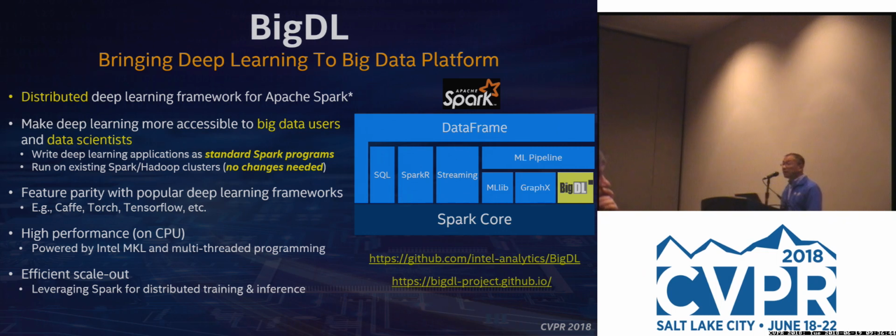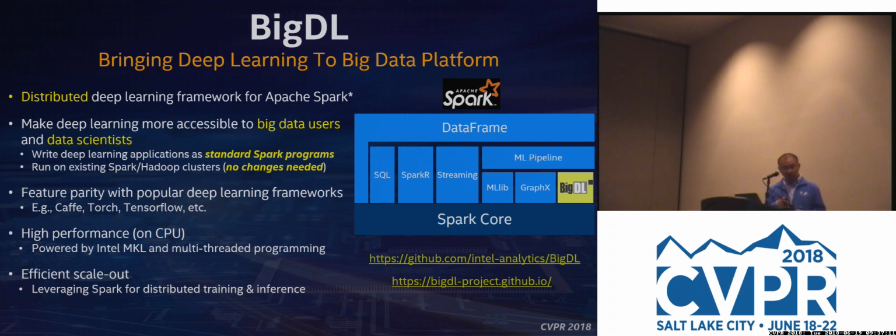BigDL is implemented as a standard library, just like MLlib or Spark SQL, which runs directly on top of Spark. With BigDL, you write your deep learning applications as a standard Spark program, which runs directly on top of existing Spark or Hadoop clusters without any changes.